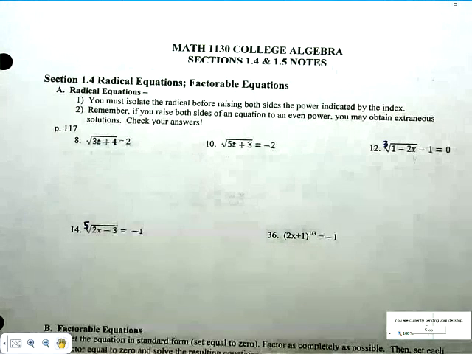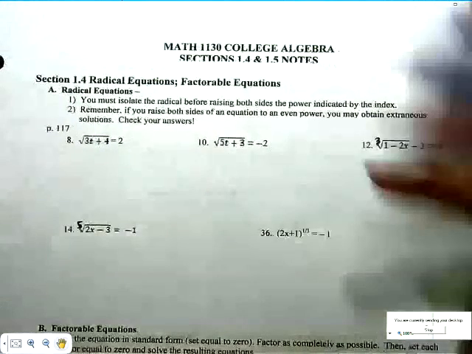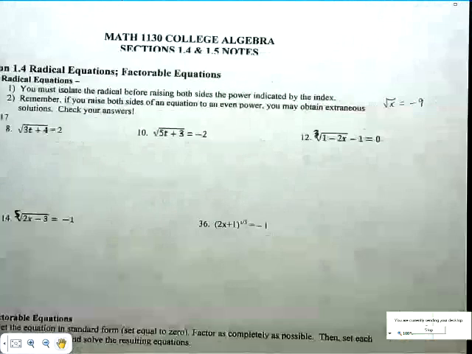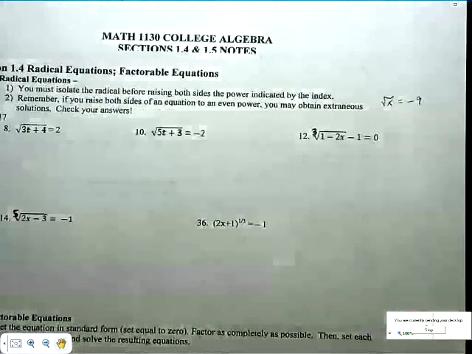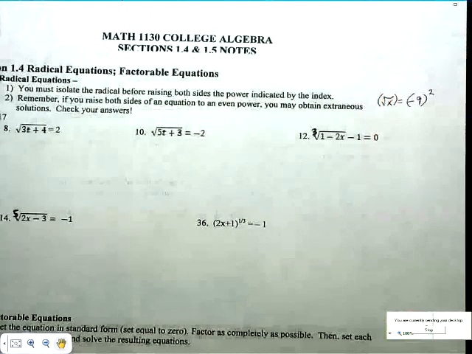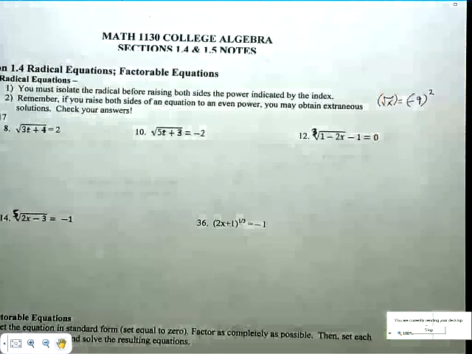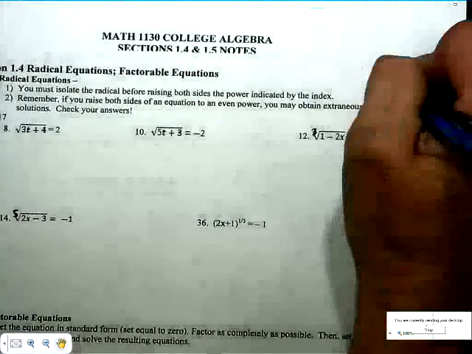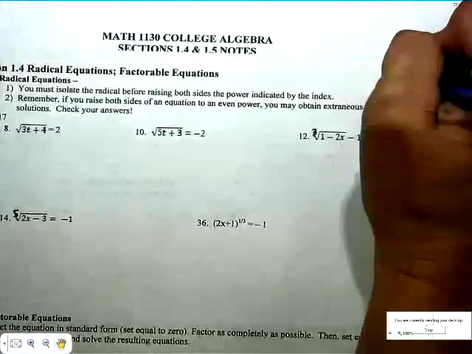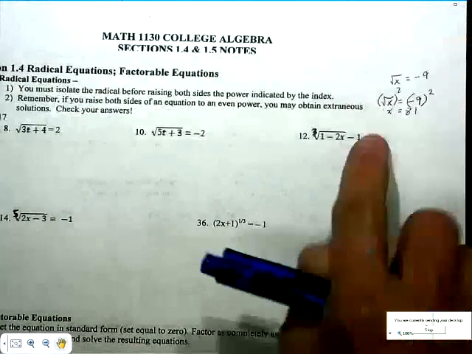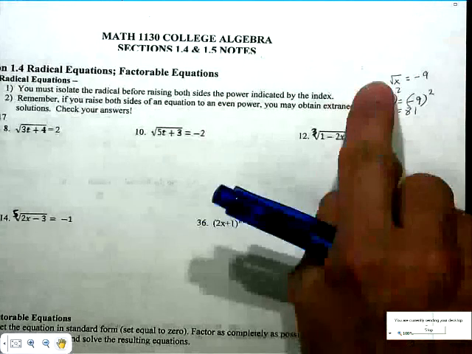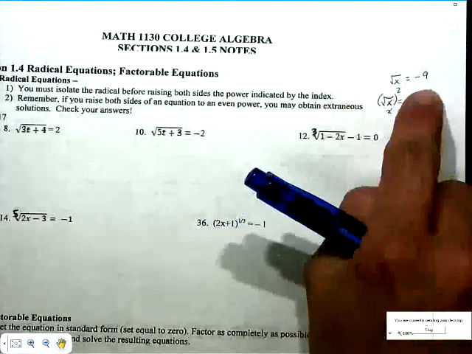For example, if I have a square root of x equals -9, and I'm not really paying attention and I square both sides, I'm going to get x equals 81, and I should not have written on my original equation. I'm going to get x equals 81, but does that check? Is the square root of 81 -9?